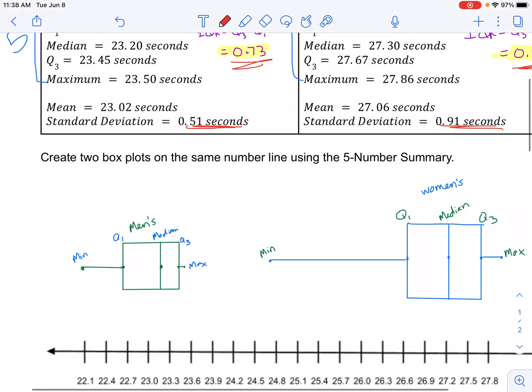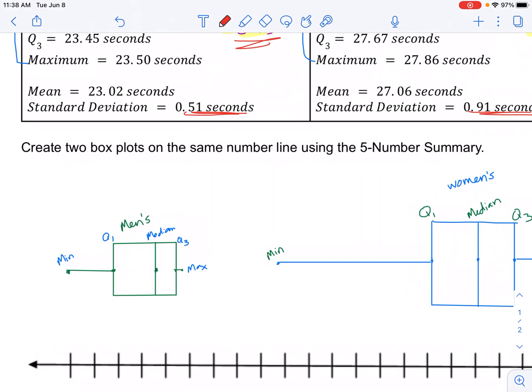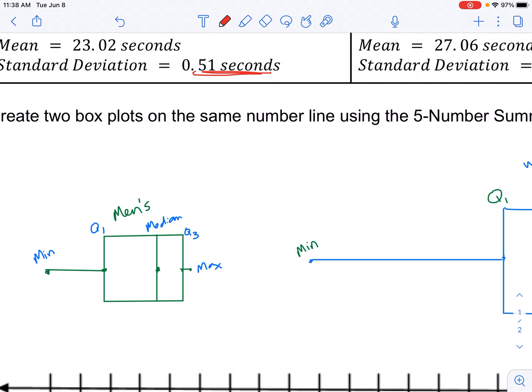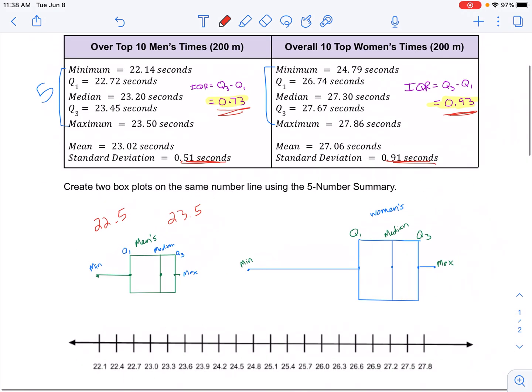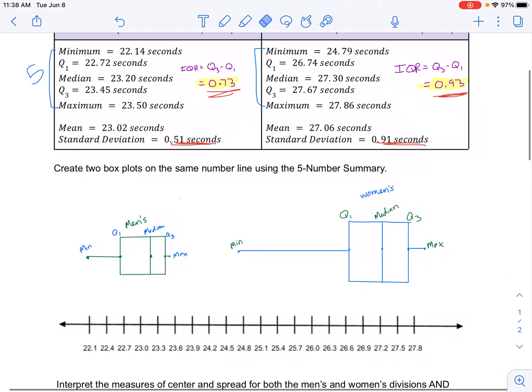The mean was 23 seconds, so if you go above and below half a second, like 23.5 and 22.5, most of the data is going to probably be contained around there. So you want to comment on those things when you see that.